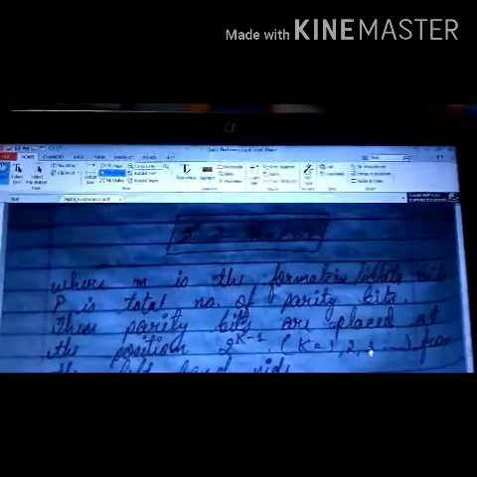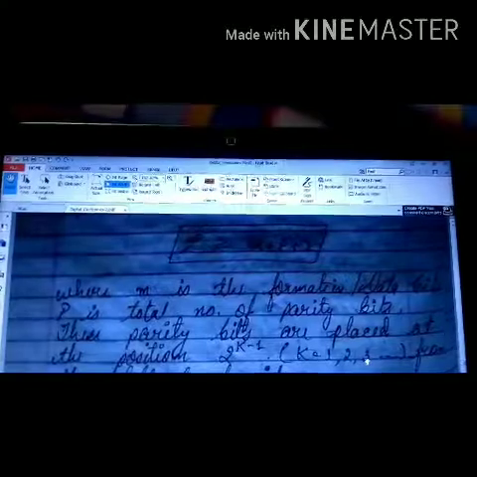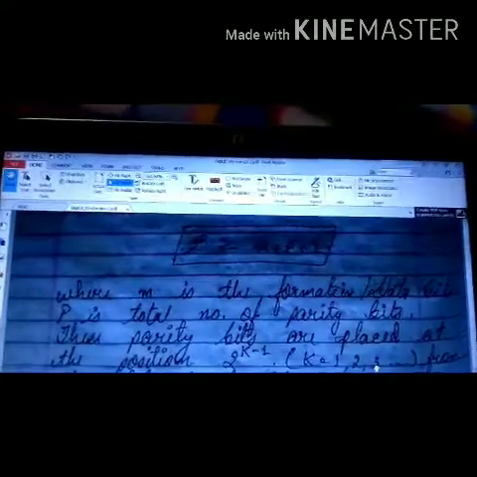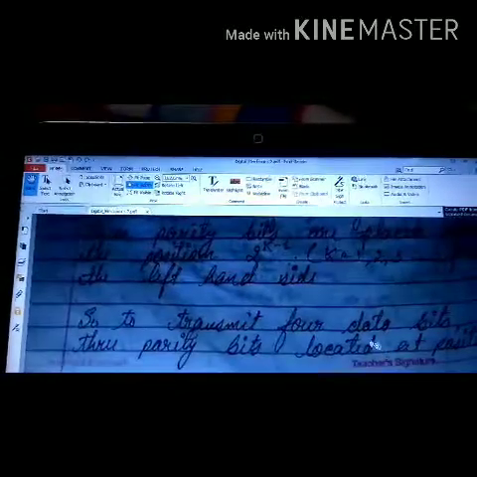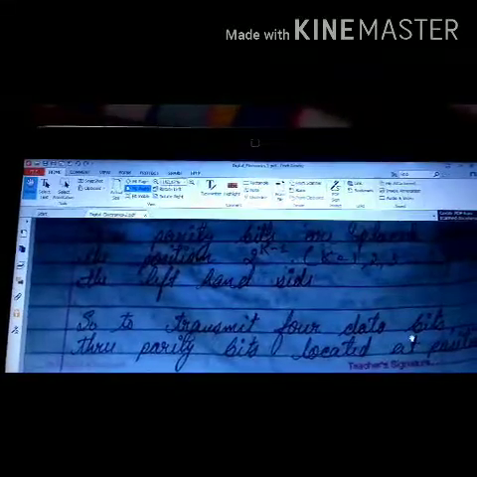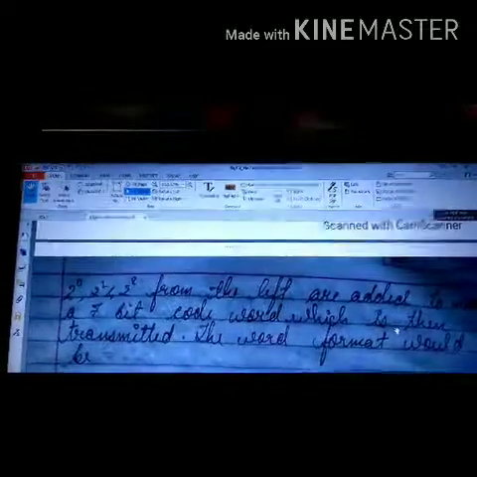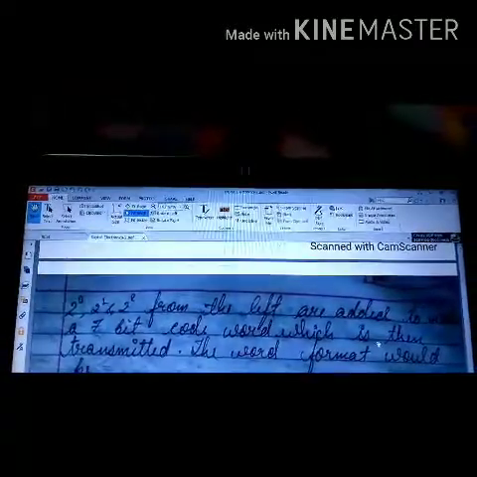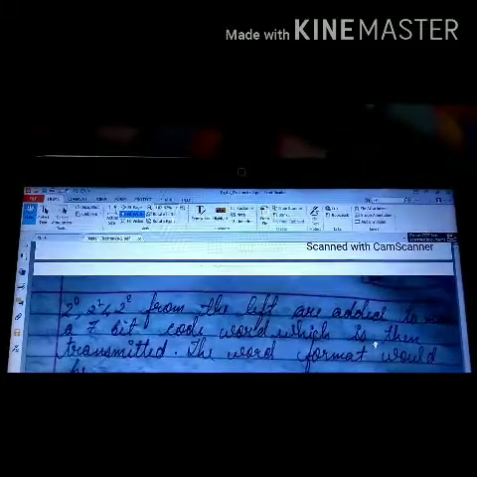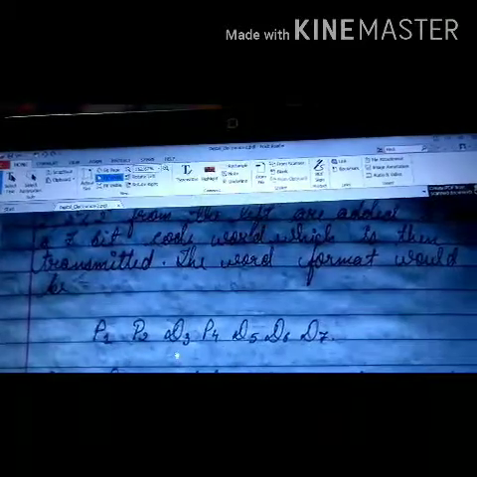If we have a 4-bit data, then to transmit it, 3 parity bits located at positions 2 to the power 0, 2 to the power 1 and 2 to the power 2 are added to make a 7-bit code word.